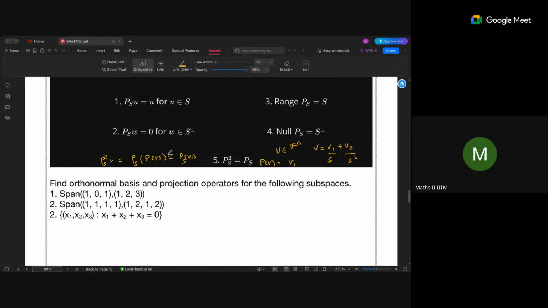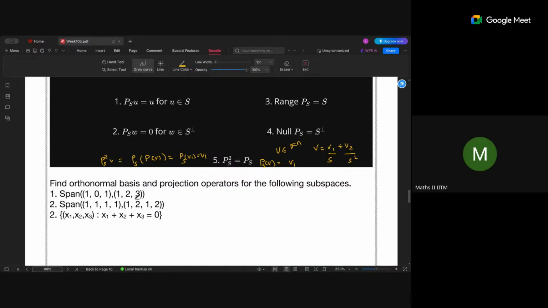V1 is an element of S. What is the projection of V1 onto S? V1. Okay, so what is that we notice? PS of V is same as PS square of V for any V. So in general, you have PS square equal to PS. Okay, so all these 5 properties are very important for a projection operator.